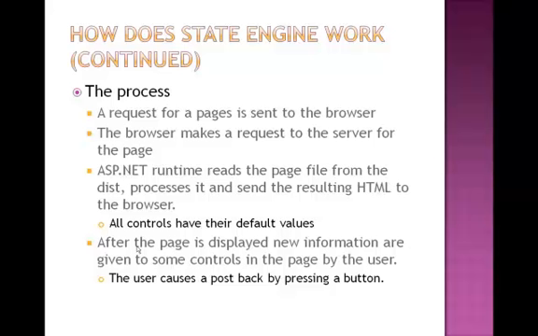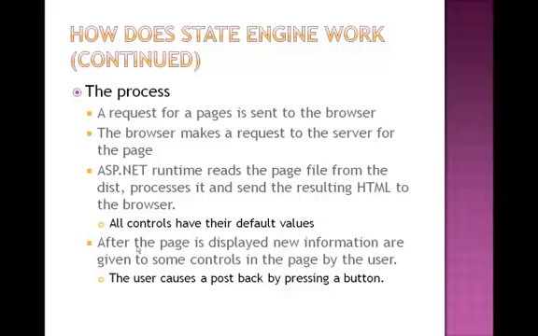But because the label's view state is now disabled, it won't have a representative in the view state. So while the ASP.NET runtime framework is processing view state, it won't see anything in it from the label because it's disabled, and therefore the default value, which was empty, will always be set.